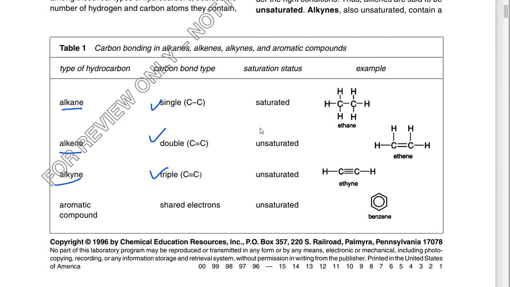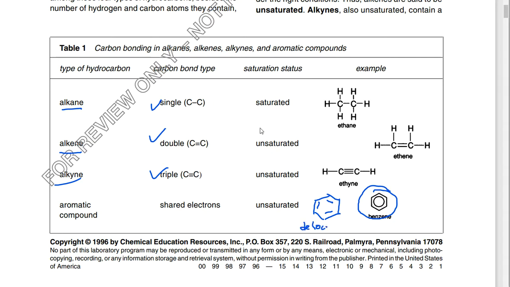But yet we get this thing called an aromatic compound, and this is something that we might not have discussed too much depending on where this lab falls in the semester. If I wanted to distill this concept of an aromatic compound, let's just look for this. It is a ring structure, and a ring structure has an alternating double, single, double, single, double bond all the way around it.